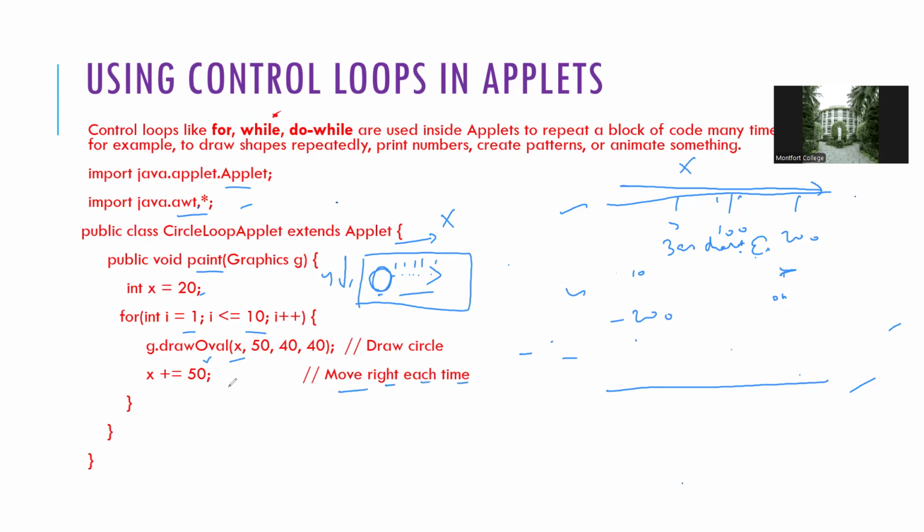So this has to be in the loop. That's why we are using a for loop, to increase the value. So first the x value will be 0, the next value will be 50, the next 100, the next 150. So when the x value increases, the ball also moves towards the right.